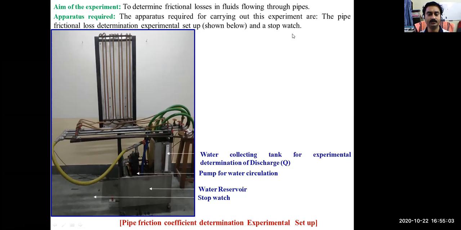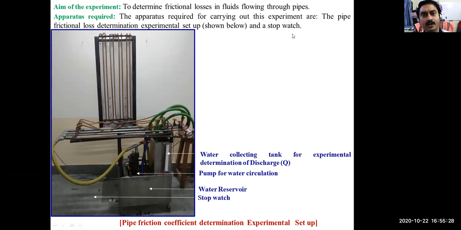Now the third component is a water collecting tank for experimental determination of discharge. Remember, in almost all the experimental setups or experiments that will be conducted in the fluid mechanics laboratory, you will have to find out discharge Q as a part of the experiment.